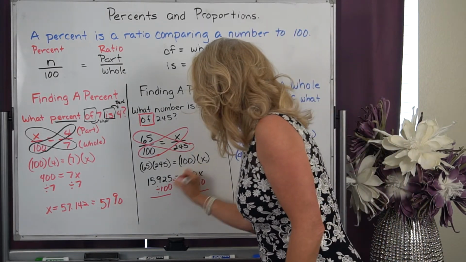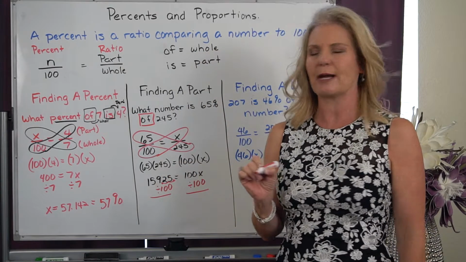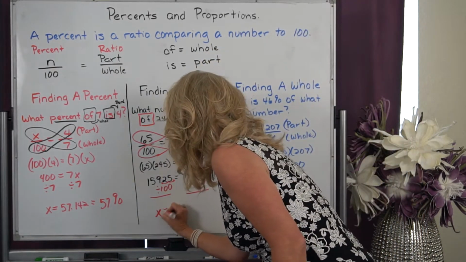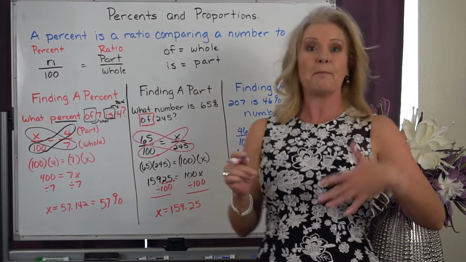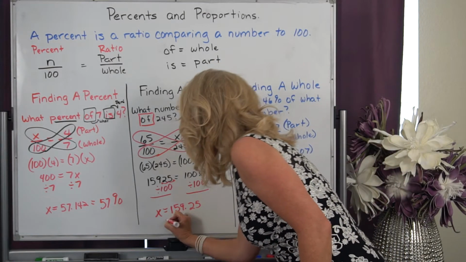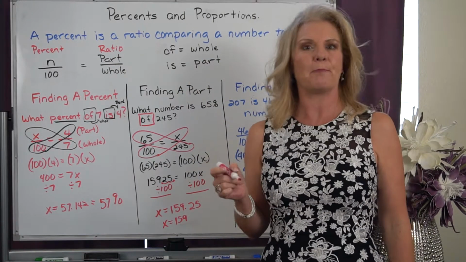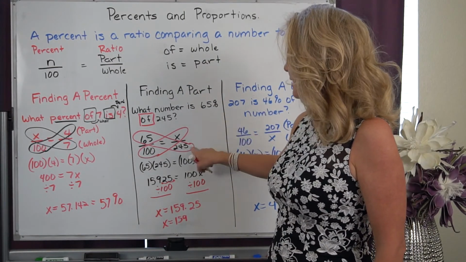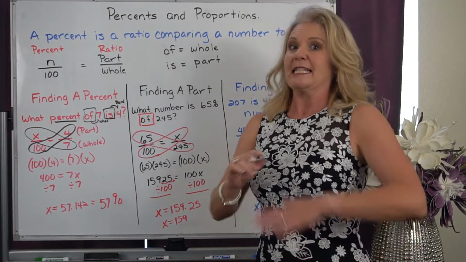So right now my decimal point's right here, and when I divide by 100, my decimal point goes right there. So I know x is equal to 159 and 25 hundredths. They may ask you to round to the nearest whole number, and if that's the case, x equals 159. And that would be my part. So 65% of 245 is 159.